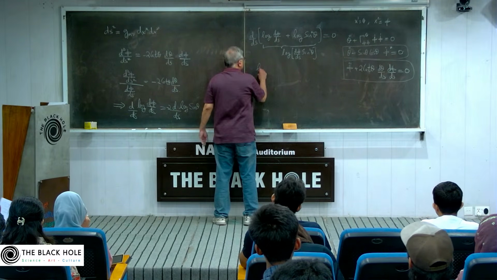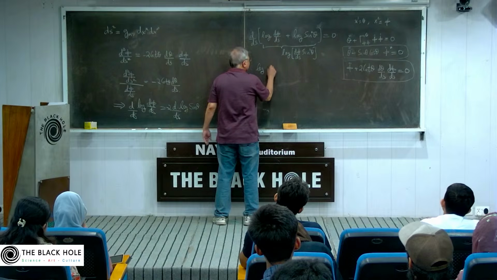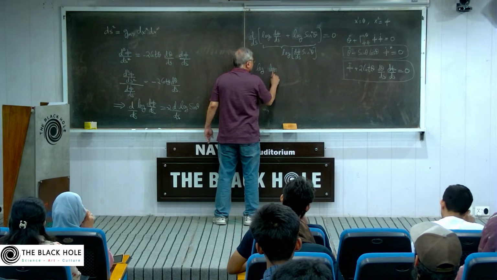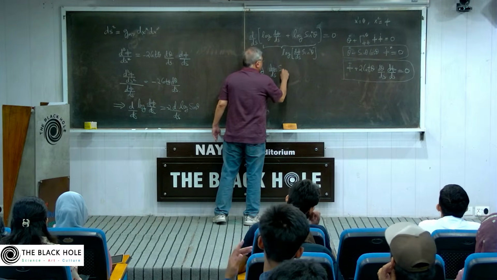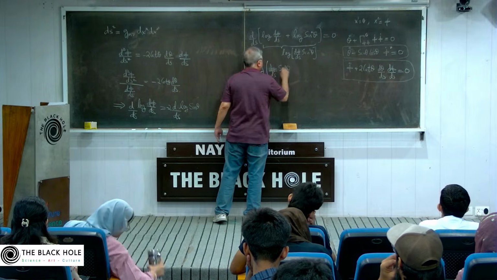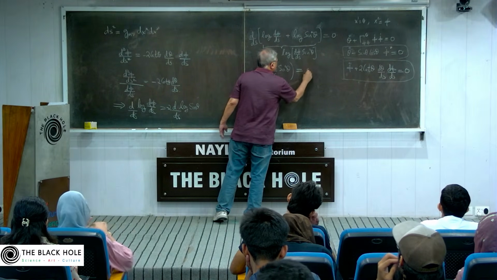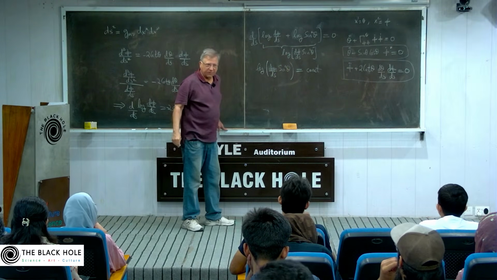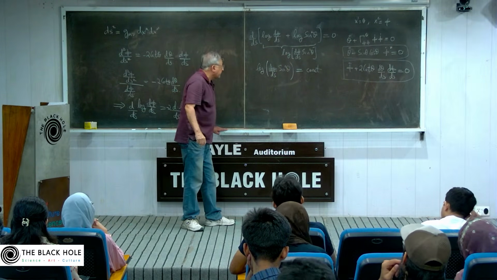So that says log of d phi by ds sine squared theta is equal to a constant. I don't care what you call the constant, call it anything.